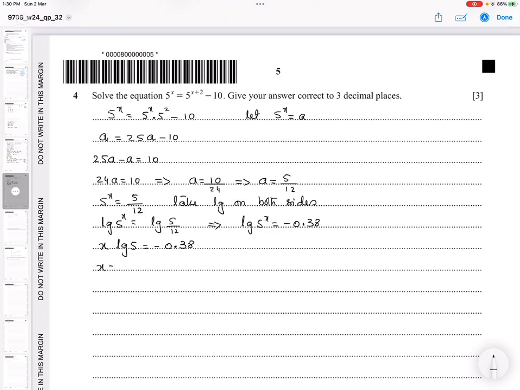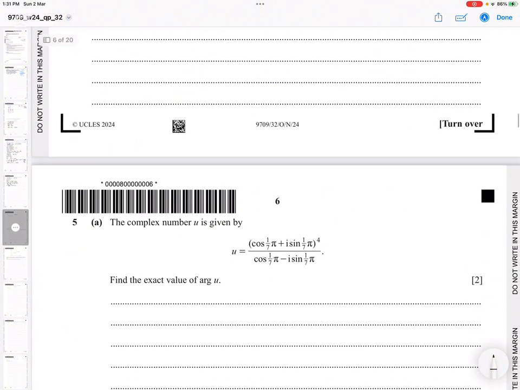So x equals negative 0.38 divided by lg 5, and this gives us a value of minus 0.54. Alright, this was question number 4.